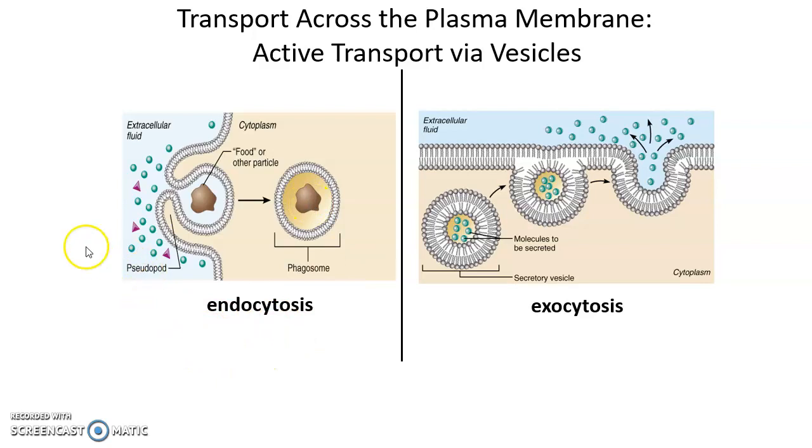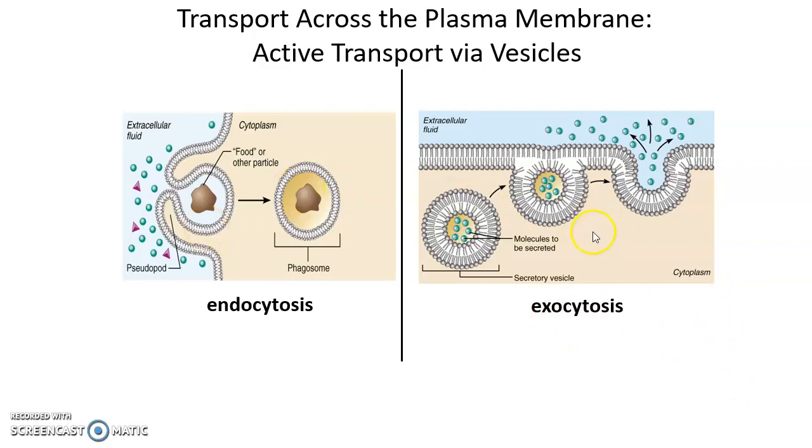So endocytosis, bringing it into the cell. Exocytosis is the opposite. A vesicle is formed inside of the cell, filled with something the cell wants to release. The vesicle then travels to the plasma membrane, fuses with the plasma membrane, and releases its contents outside of the cell. So exocytosis lets things exit the cell.